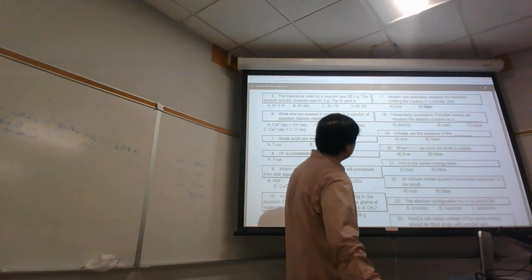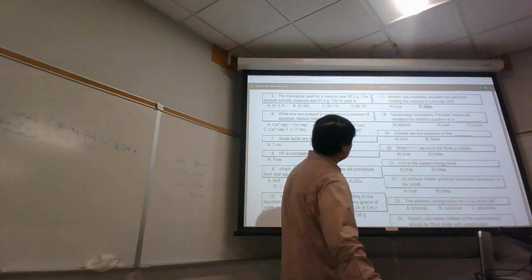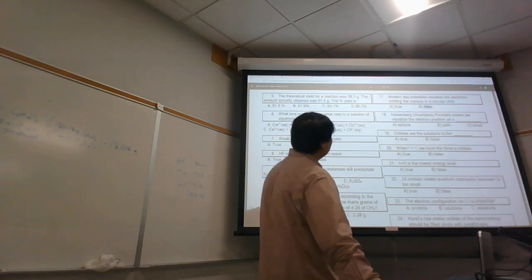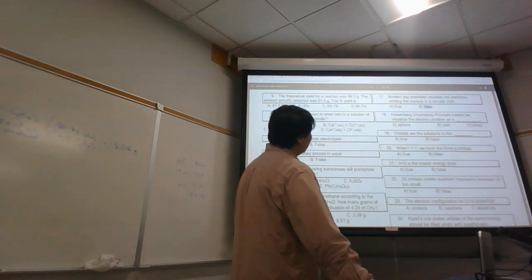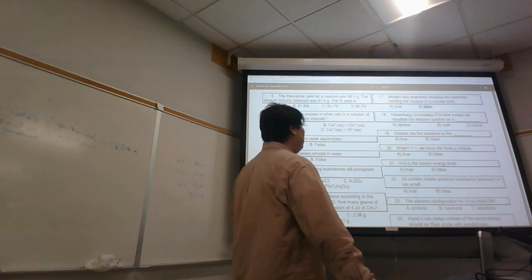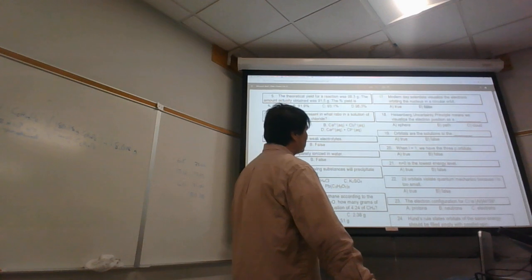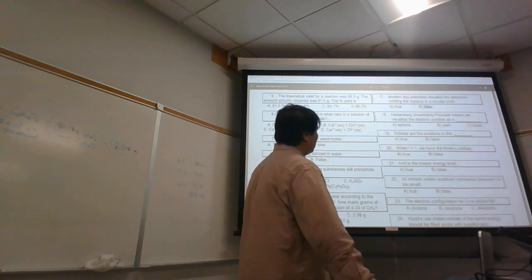19. Orbitals are the solutions to the... this is supposed to be to the what? Orbitals are the solutions to what? To the pattern of electron movement. Yeah, but it came from physics, and there's a famous equation.